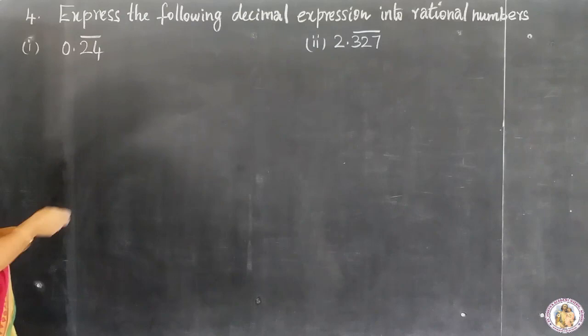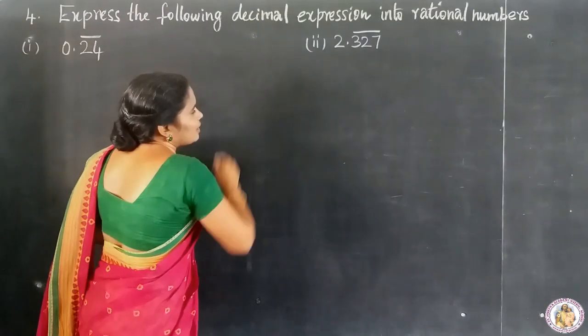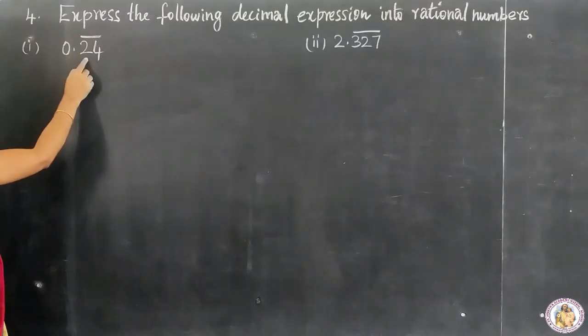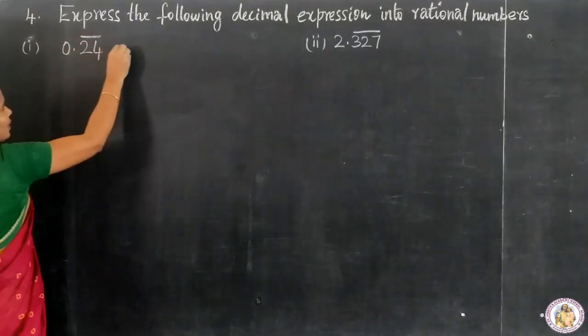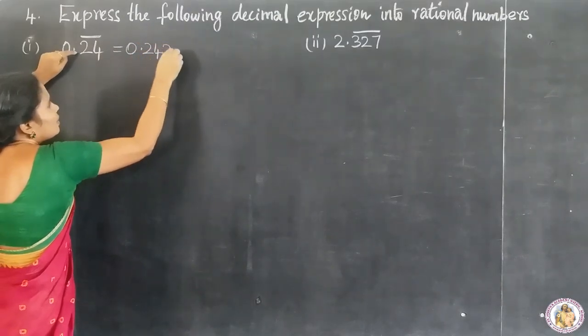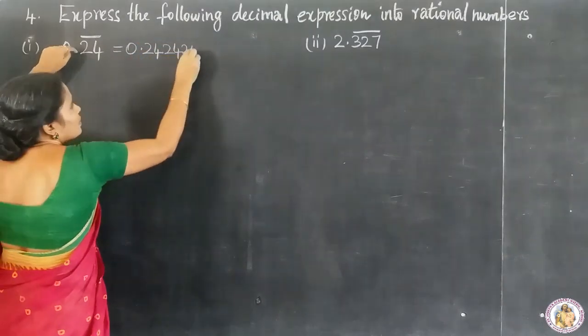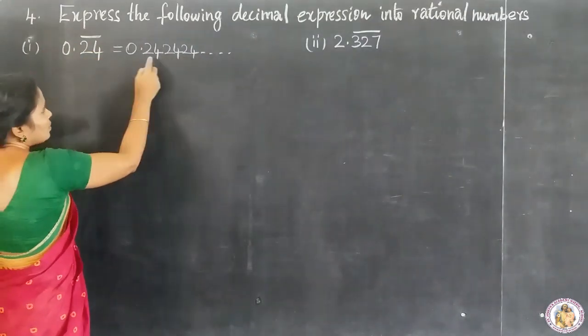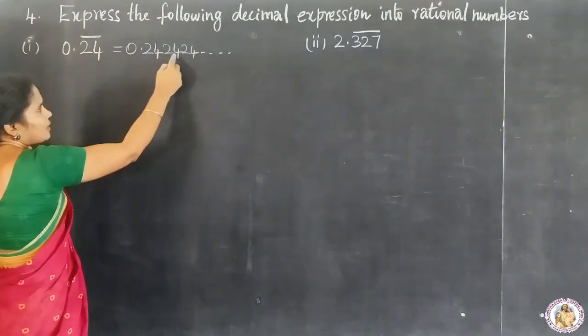Question number 4. Express the following decimal expression into rational numbers. Question number 1. 0.24 bar. So 0.24 bar is nothing but 0.24 as it continues and goes on as 2424. So it is a non-terminating and recurring decimal.